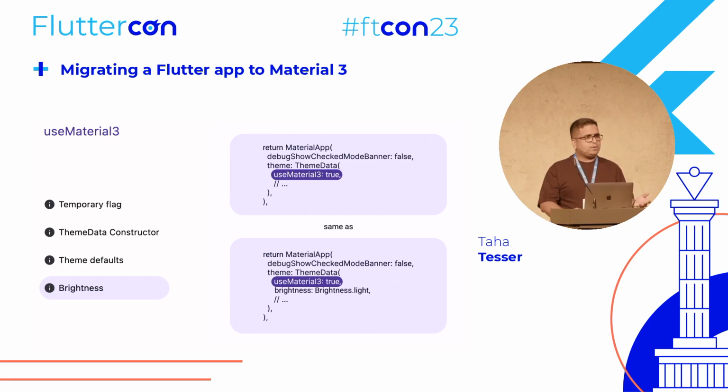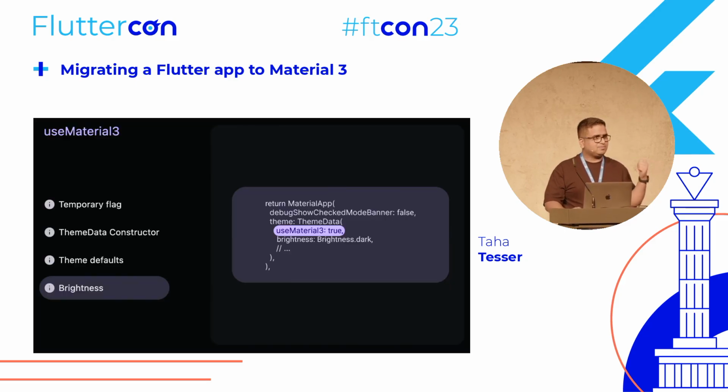But if you want to create a dark theme, you can set your own brightness, which will create a new set of color scheme in dark. You can see I'm still using the same Flutter widget, so the slide is also dark because of that, after I set the brightness to dark. So now you can see why I created this slide in Flutter.